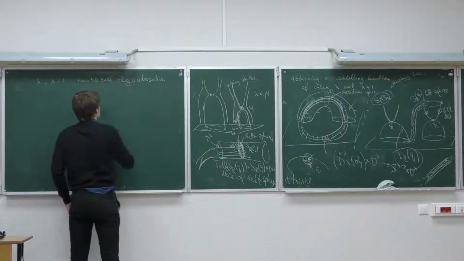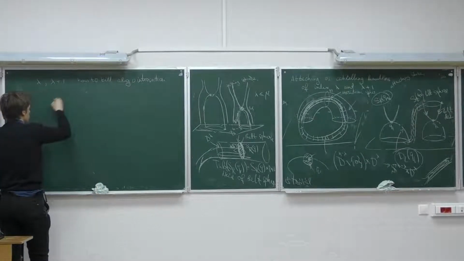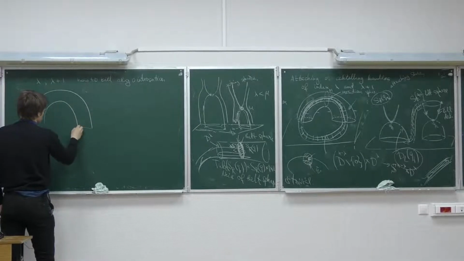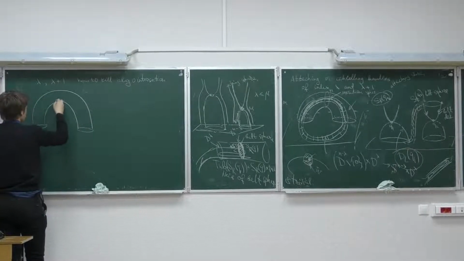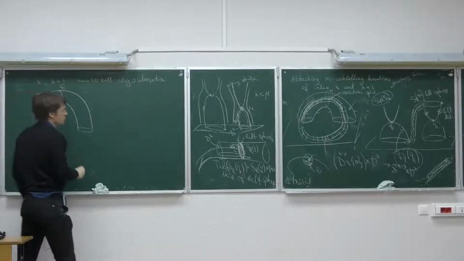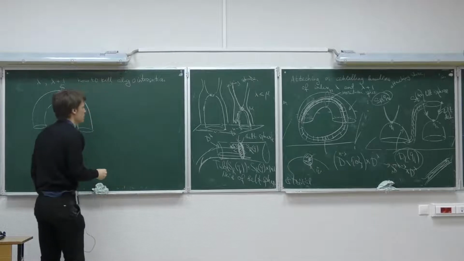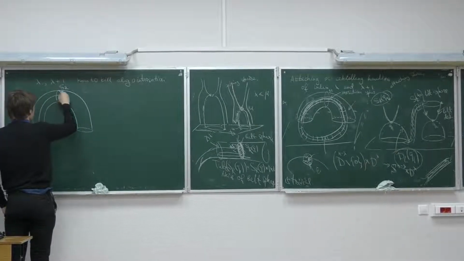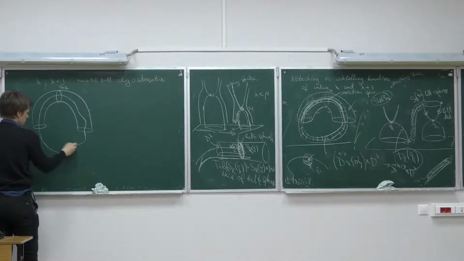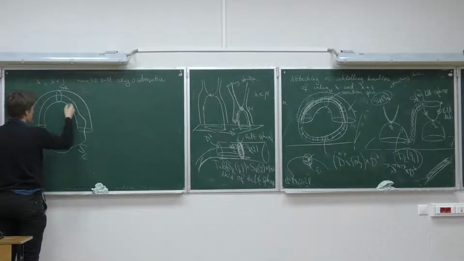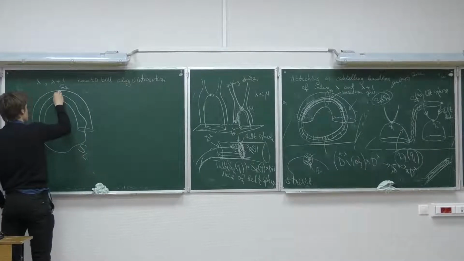Zero intersection. So this means that on our handle, you have now this sphere, and you have a touching sphere. And they are of complementary dimensions.